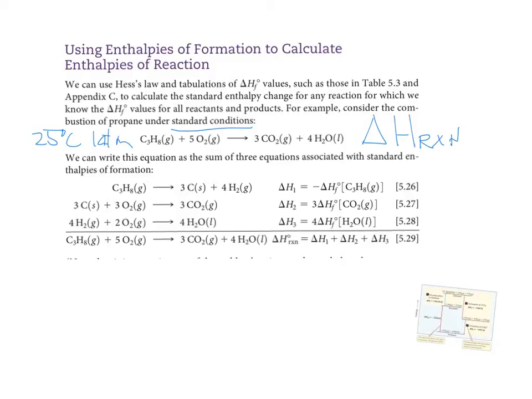So that means the enthalpy for this reaction is going to be the standard enthalpy of the reaction. All this little circle means is that it's happening at this temperature and this pressure. We want to find how much heat is either absorbed or released, that's what the enthalpy is, when this reaction takes place. We can go to our tables that I showed you.